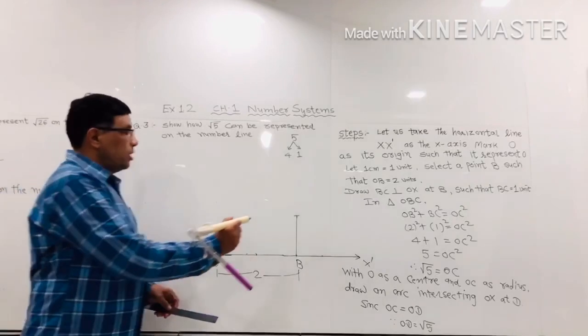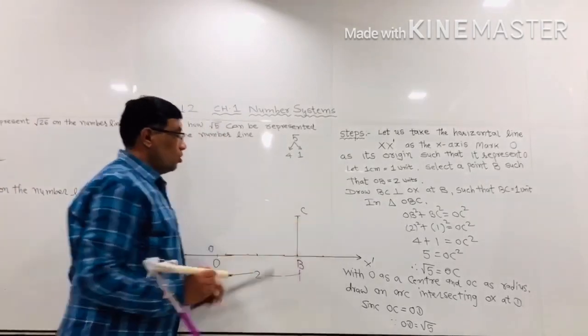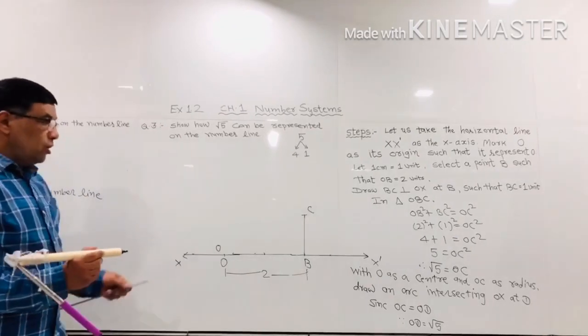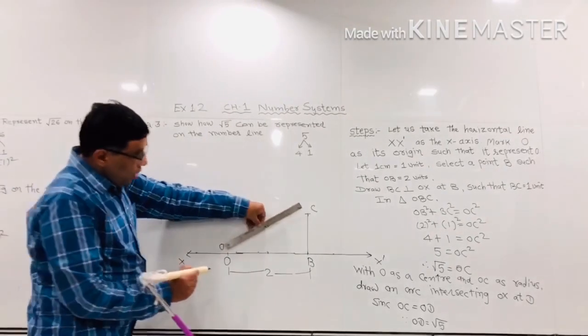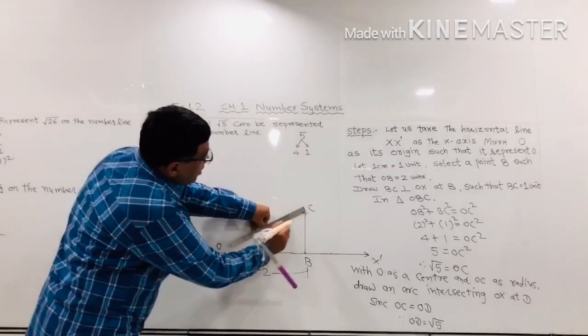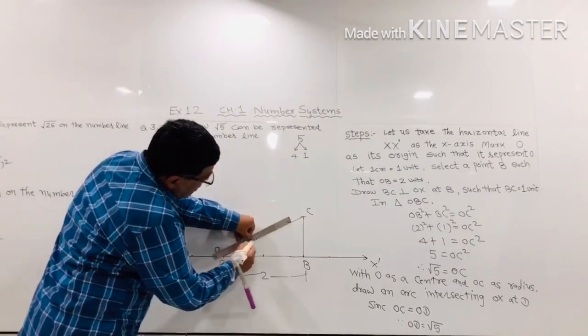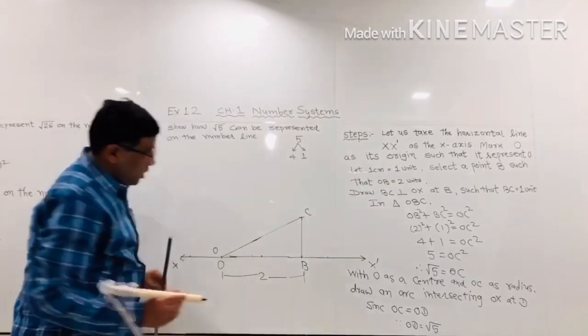Mark this point as C. So we have marked this point as C. Now we join OC. So here like this we join OC. OC is already joined.